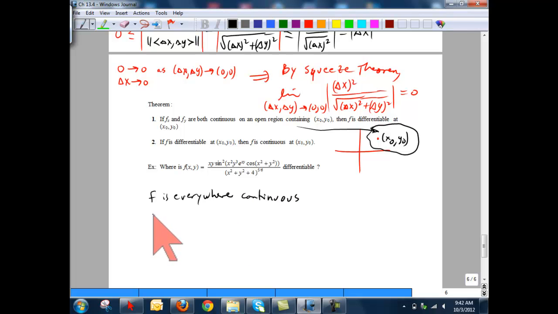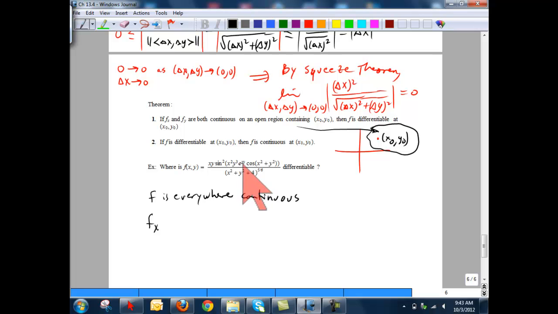And now let's not do it, but let's mentally think about what would happen if we took the first partial with respect to x. I start using the quotient rule, and then inside that I would have to use the product rule and the chain rule in a very, very messy sort of way. But what happens when you differentiate polynomials? You get more polynomials. What happens when you differentiate exponentials?